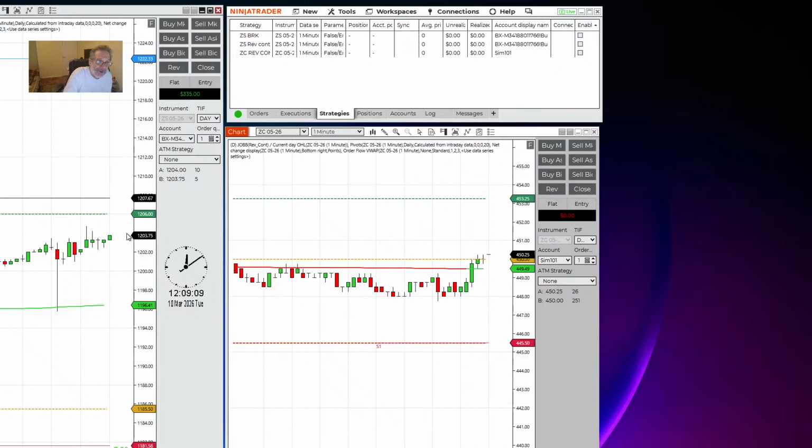You got to do it right now if you're going to do it. The stop should be below the VWAP. But if you want to put it below 1200, and now it's down to 8 ticks. It's probably going to go though.